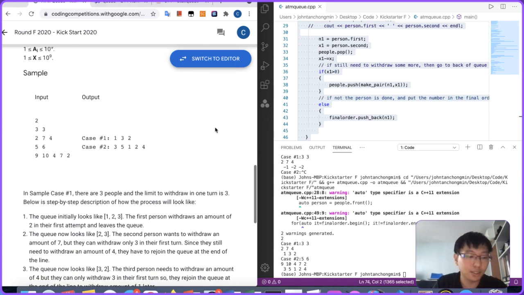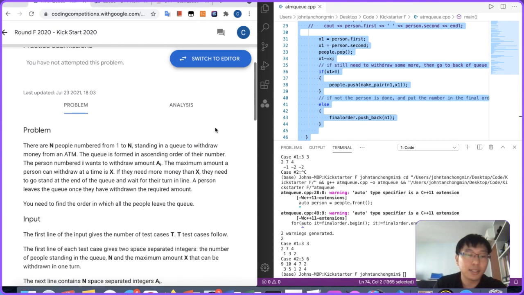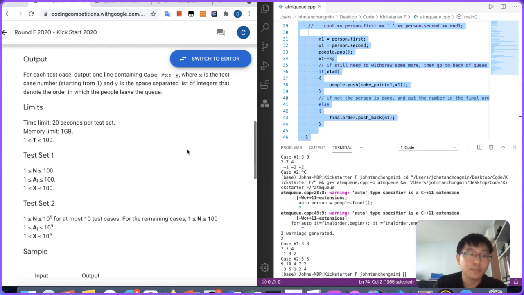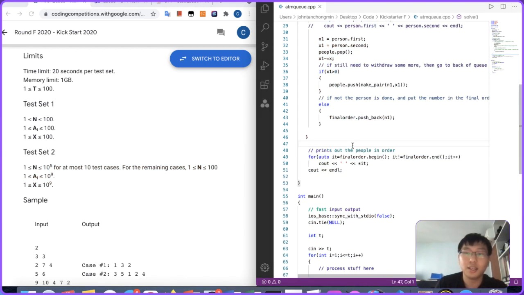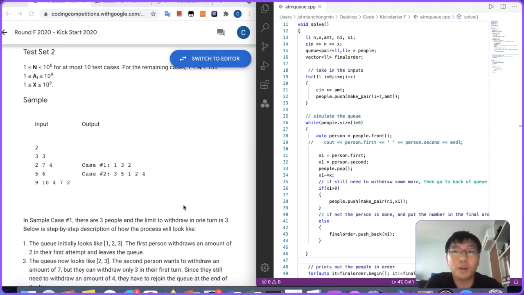I'm not sure whether this naive attempt is enough to get past Google's judge, because looking at the test case, it is very, very big. So a simple naive method of simulating a queue like this may not be enough to solve this problem. There might be a trick that we need to employ.